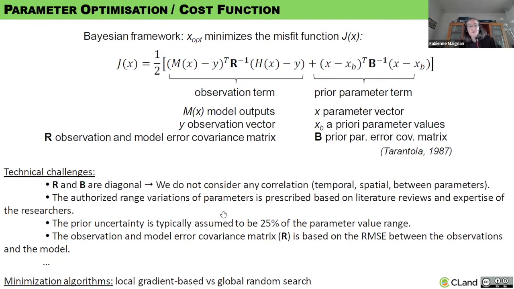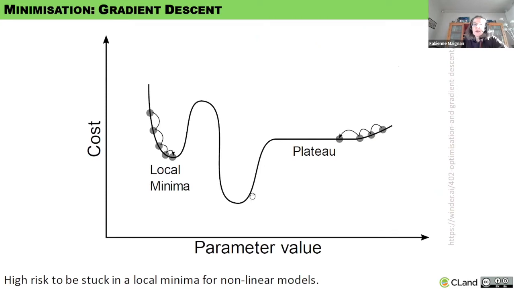So now coming to the minimization itself, there are two big classes of algorithms. So either local gradient-based approaches or global random search methods. For the gradient descent, basically, you compute the derivative of the cost function with regard to the parameters.